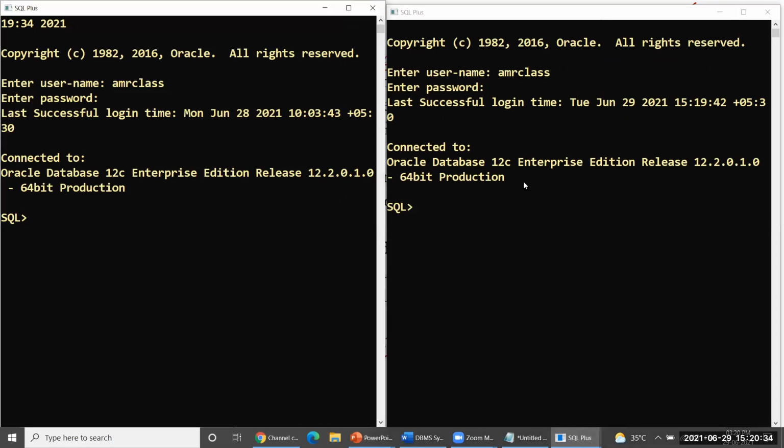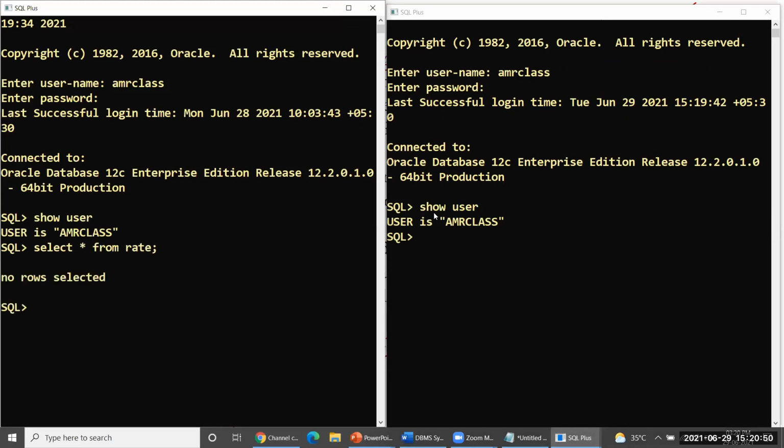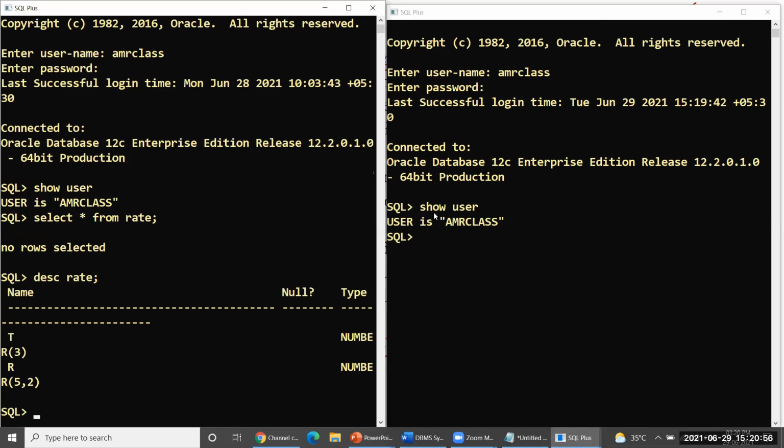Let me show the user: show user, AMR class. Let me concentrate on select everything from RATE, because it is very simple data to know. Describe RATE. So these are the columns.